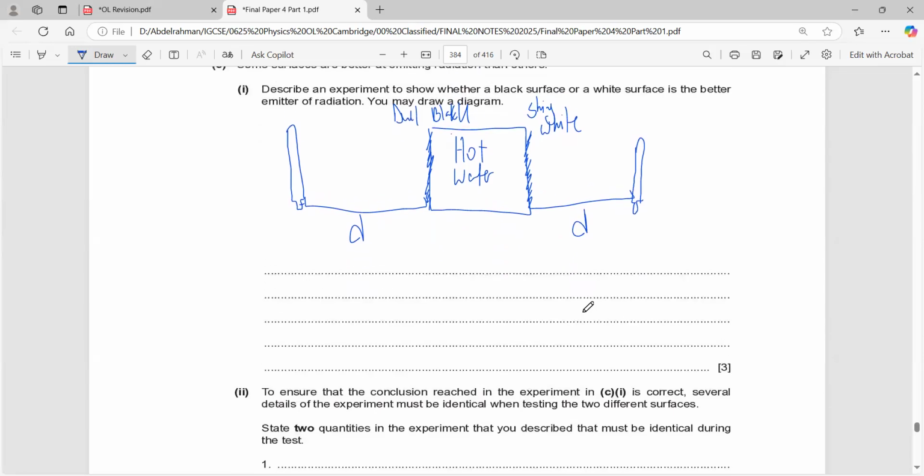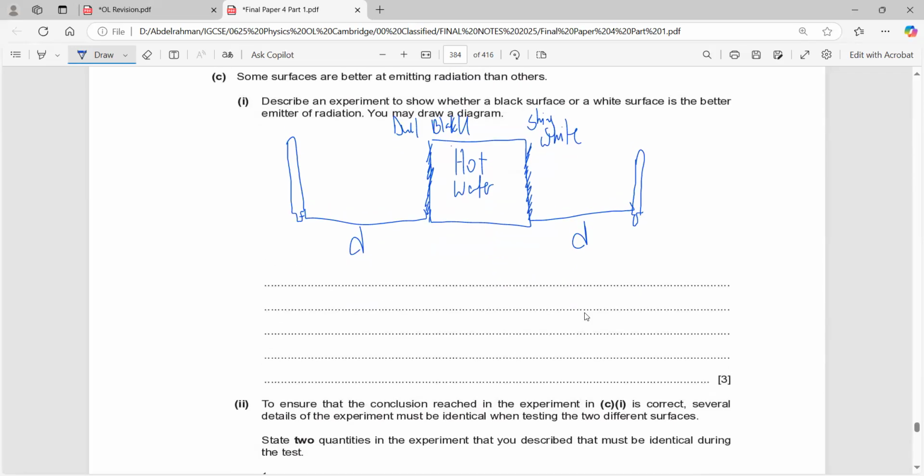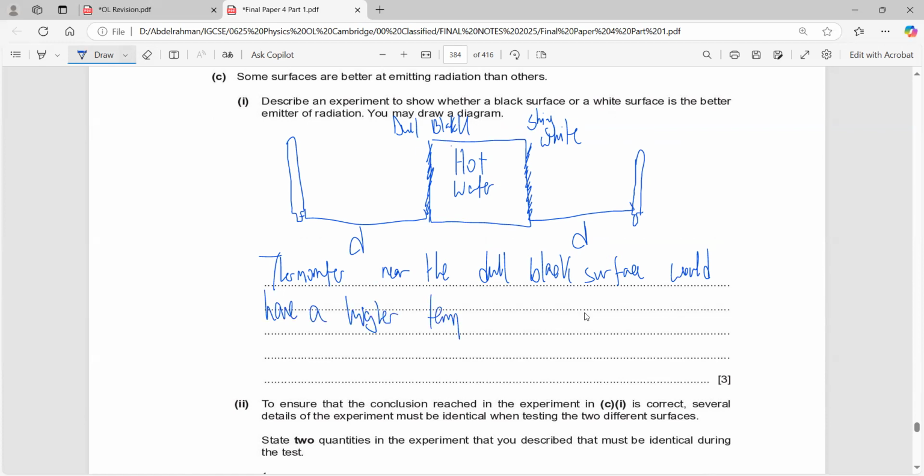هنقول له, when thermometers are at equal distances, what happens? The thermometer near the dull black surface would have a higher temperature. Why?